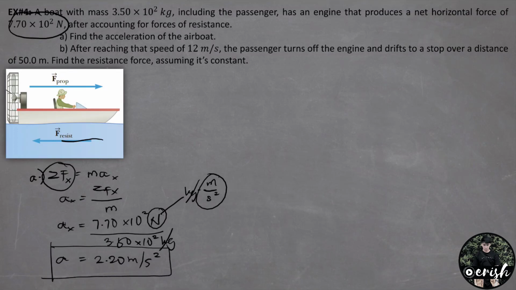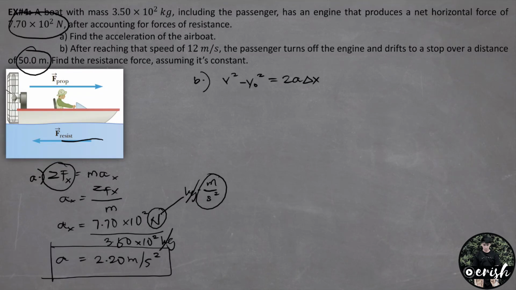And for letter B, gagamit tayo ng equation from kinematics. And the best equation to use is yung V square minus V sub O square equals 2A delta X, or the change in position. Since may position tayo na given, we have 50 meters. Yan yung final position niya.